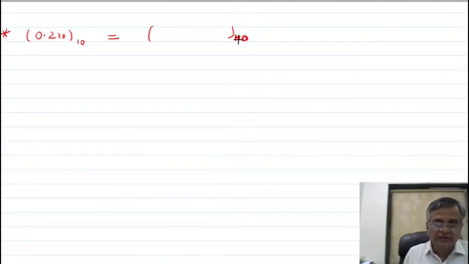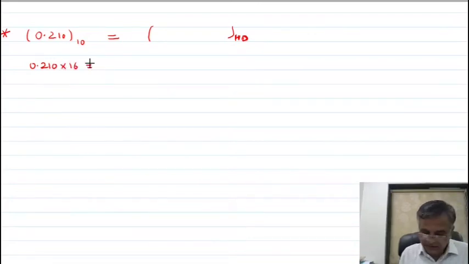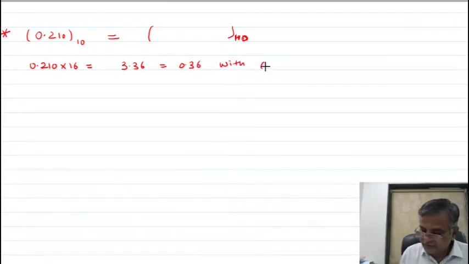Already you know the methods, so I am showing you the method. This is to be multiplied by 16. You will get 3.36. It is nothing but 0.36 with a carry of 3.